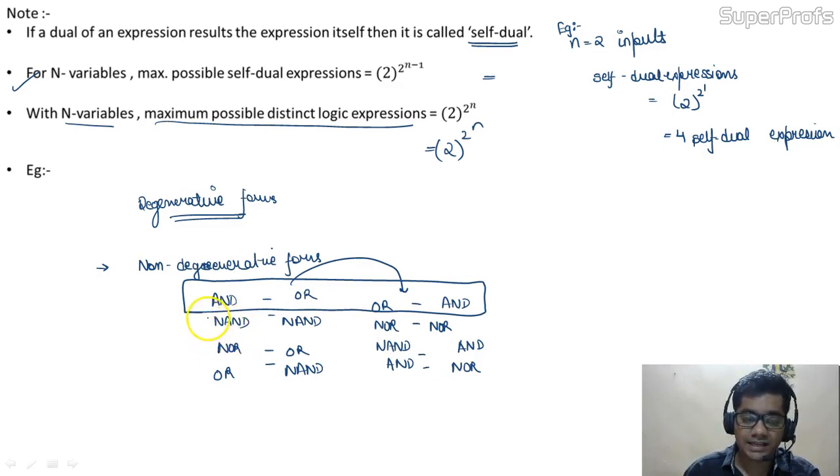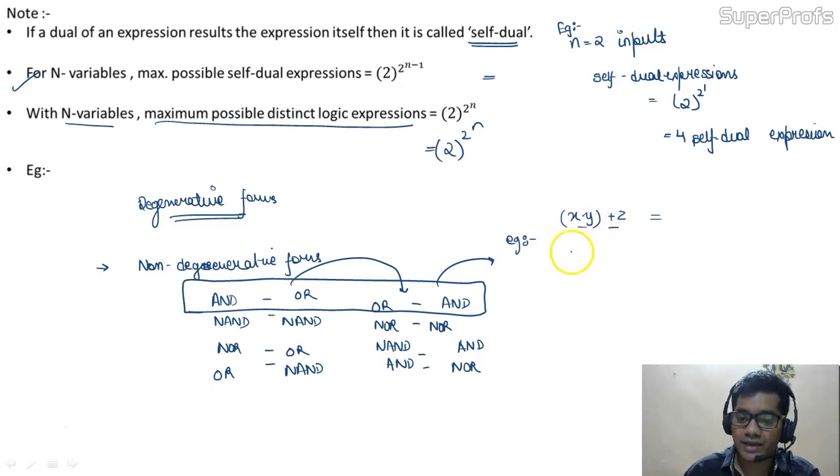So if we take the dual of the AND OR form, it results in the OR AND form. Similarly, the dual of NAND NAND results in NOR NOR. Similarly, for NOR OR it would be NAND AND, and for OR NAND it would be AND NOR. To prove one point, we take an example. The AND OR form would be like this: x dot y plus z. So it is an AND OR form.